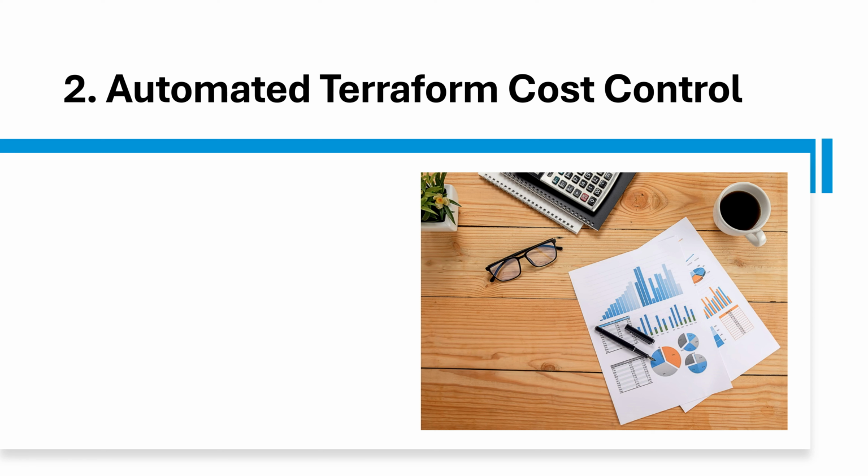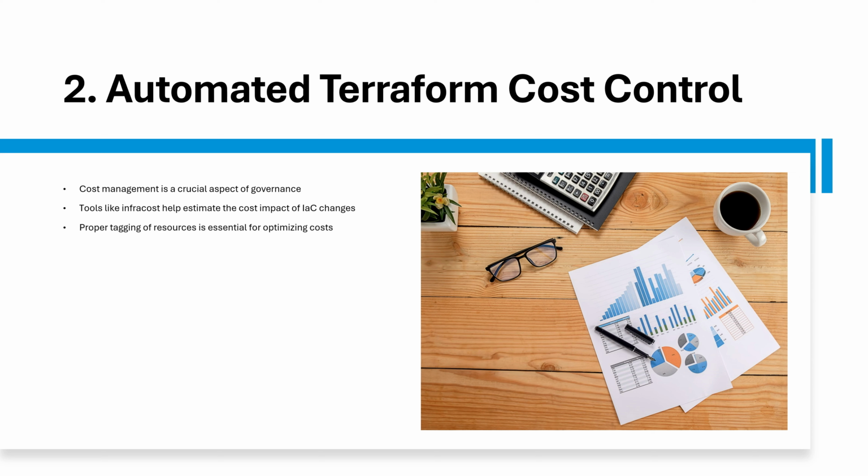The second piece is really around cost control and how you can automate Terraform using cost control. And cost management is very important in governance. Tools like InfraCost help estimate the cost impact of your infrastructure as code changes. And really, InfraCost is the tool that env0 uses under the hood. You also want to properly tag your resources.